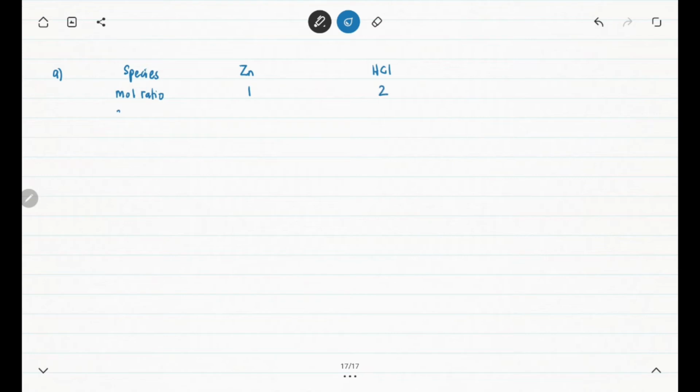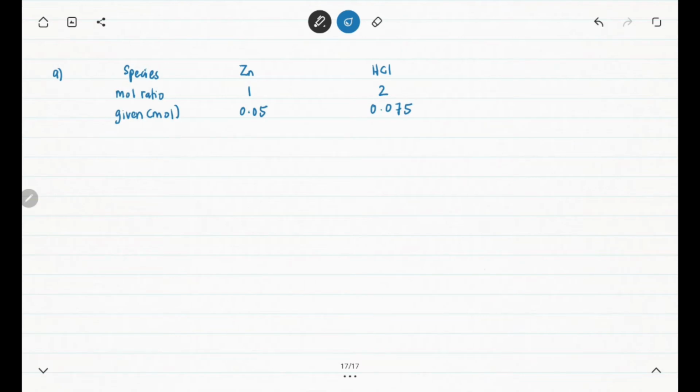So given to us, 0.05 mole of zinc, and then for HCl is 0.075 mole. Okay, that one is given to us.